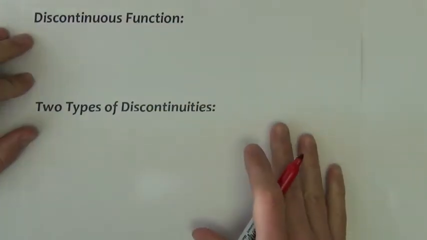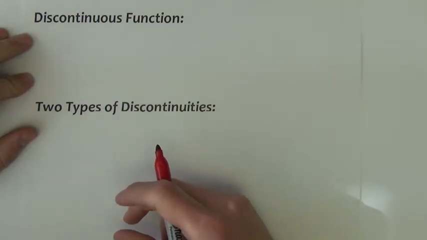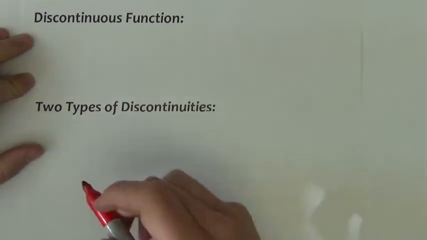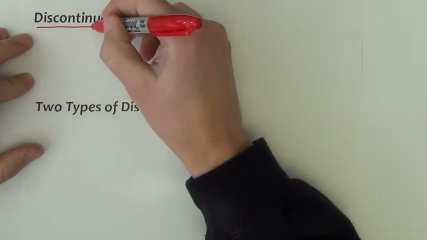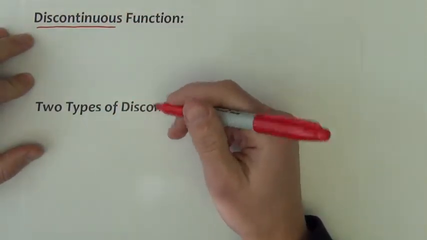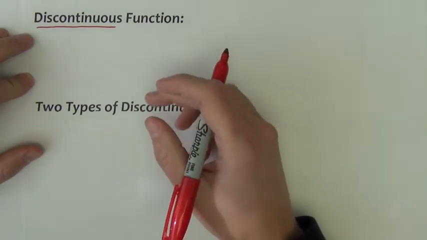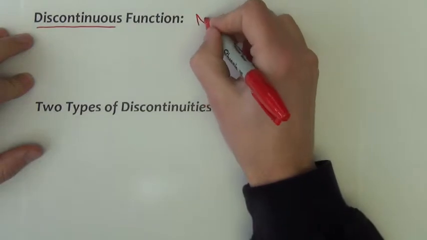Alright, let's talk about something new to the course that has just shown up with this rational function. A rational function is one that we could describe as a discontinuous function, one that's not continuous.